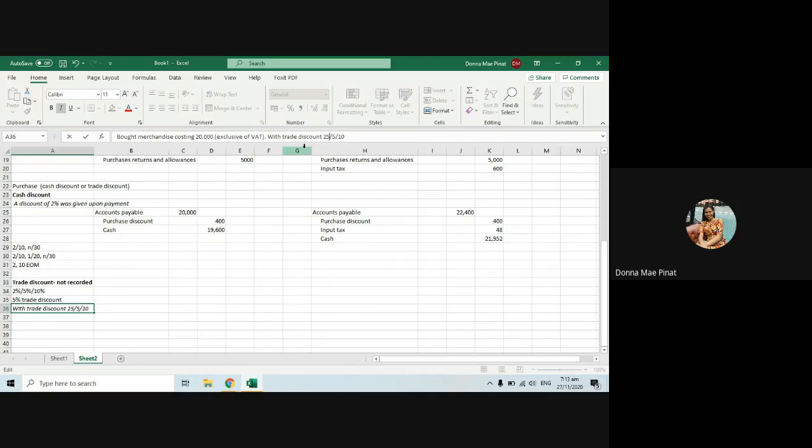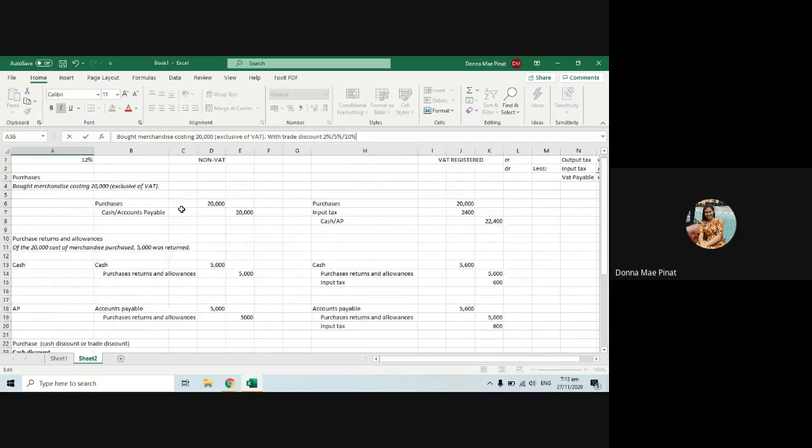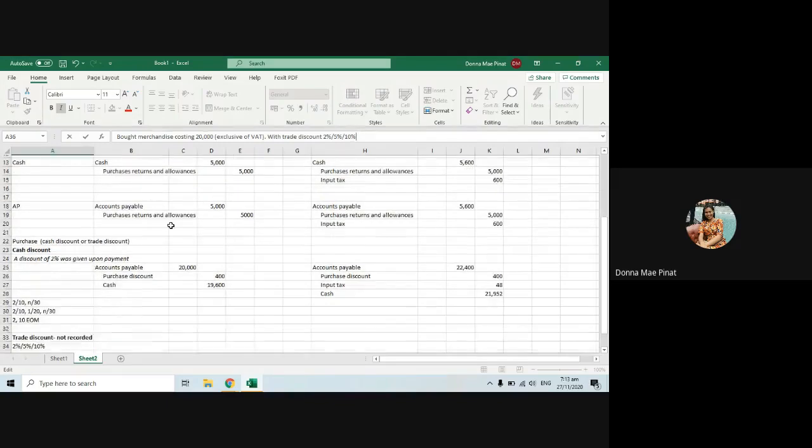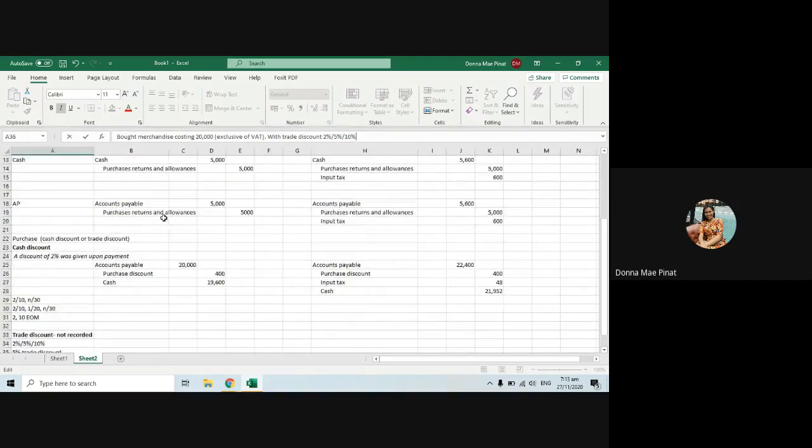Sample lang ni siya guys ha. 2%. Dili na sila related ang mga entries diri. Sample lang ni siya, so they are not interrelated pa.